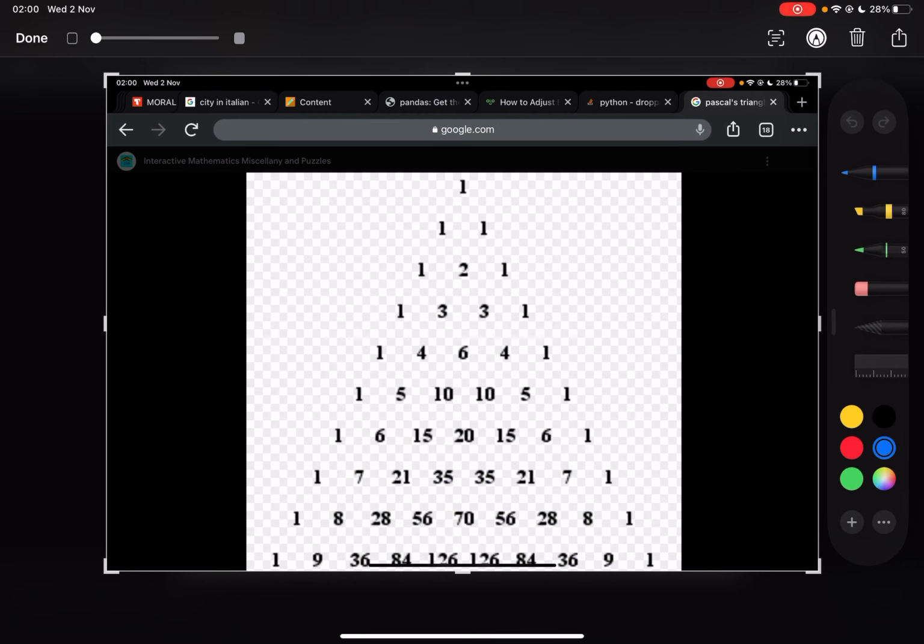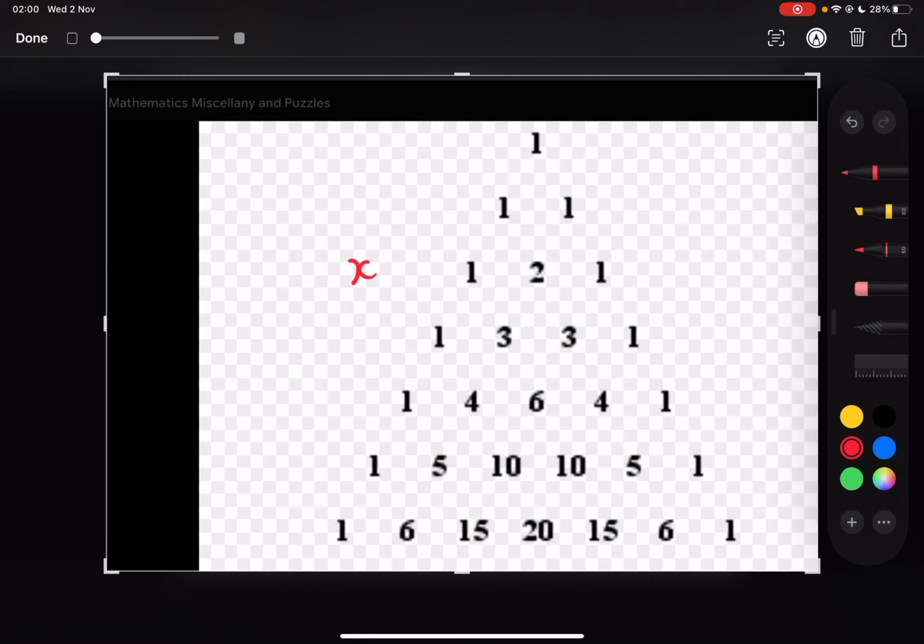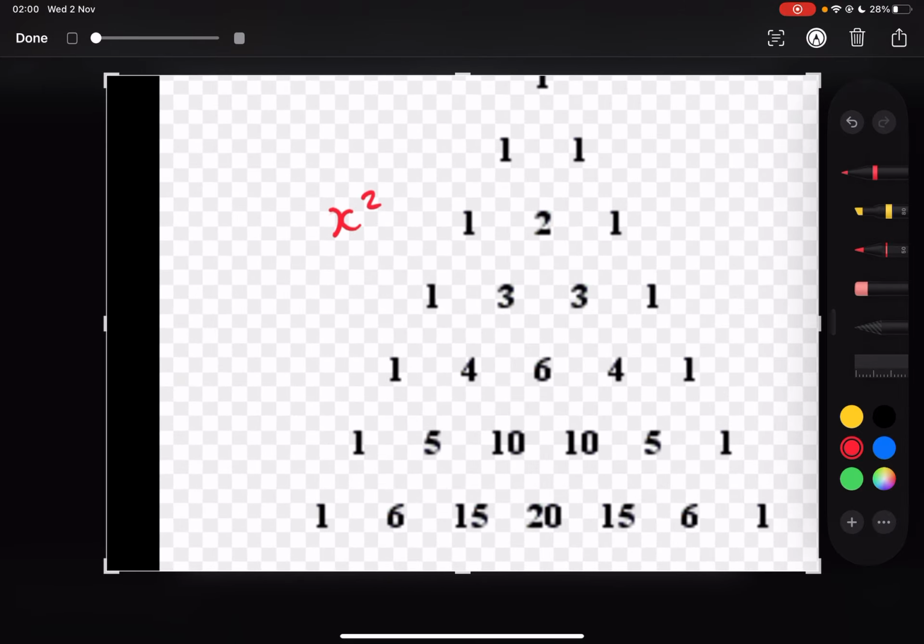So this holds true for any. So for example, that is an awfully thin pen. That's a bit better. So this is the x squared, this is x cubed. So it carries on for x4, x5, x6.